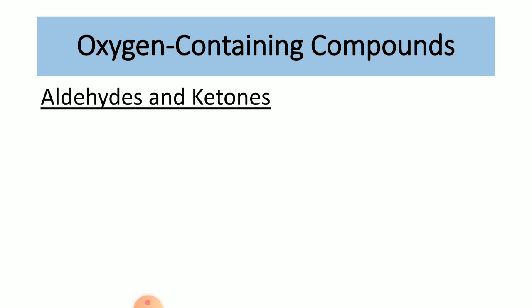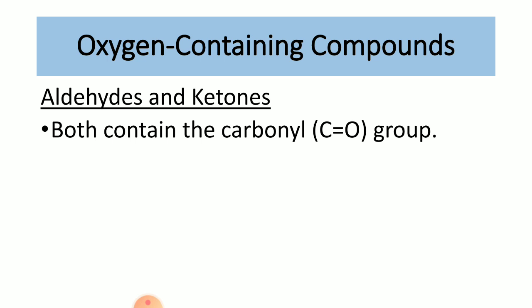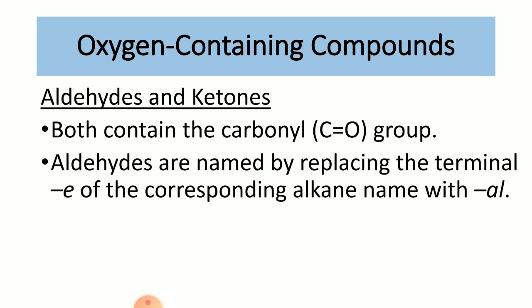Next, we have the aldehydes and ketones. Aldehydes and ketones both contain the carbonyl group. The carbonyl group is a double bond between the carbon and oxygen. Aldehydes are named by replacing the terminal E of the corresponding alkane name with AL.